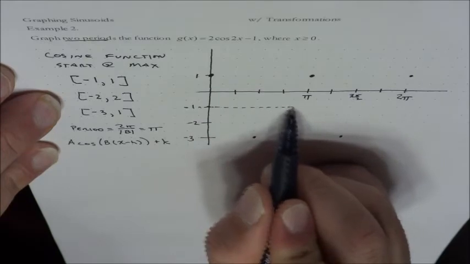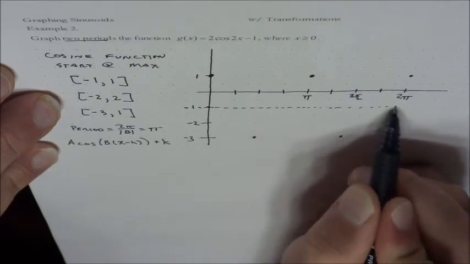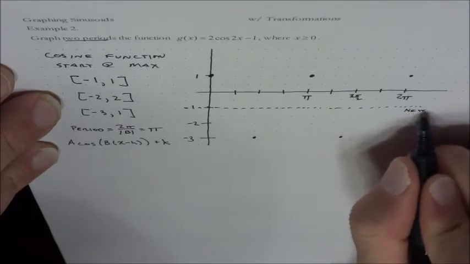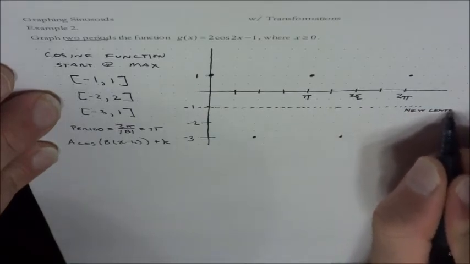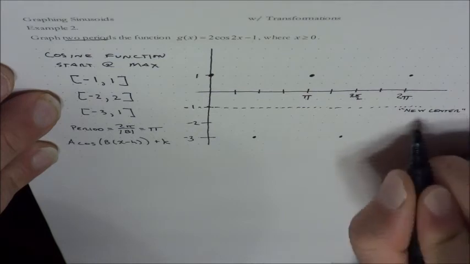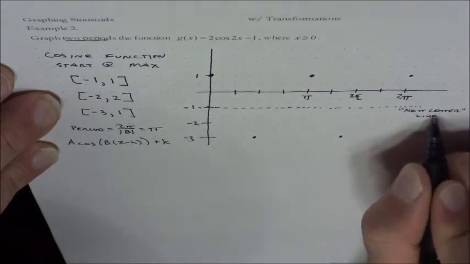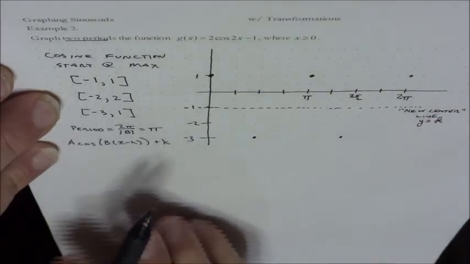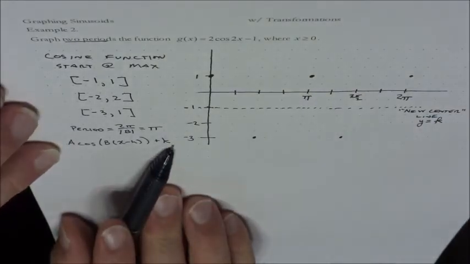Like I said, I find it a lot easier to draw in this center line, this new center line, right? And really it's simply the line y equals k, where k is that vertical translation, right?